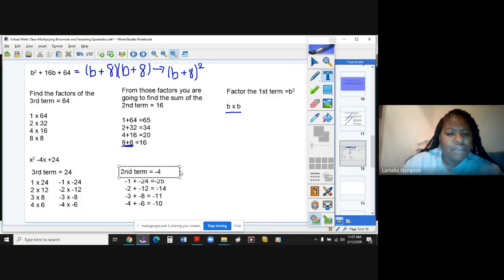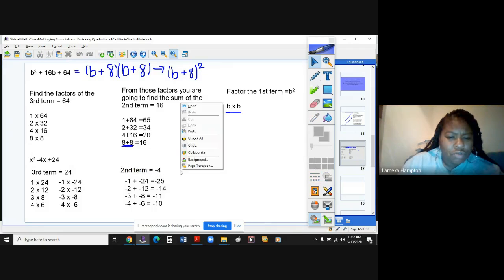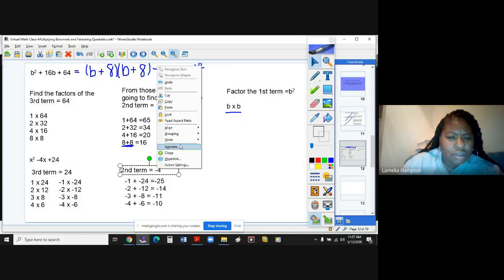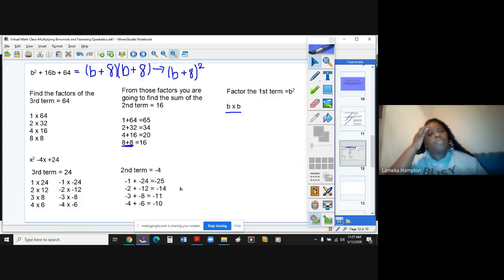But again, we have a serious problem. The problem is none of these add up to -4. So what do you think that means? Do you think it means something? Do you think we don't have an answer? What are your thoughts?